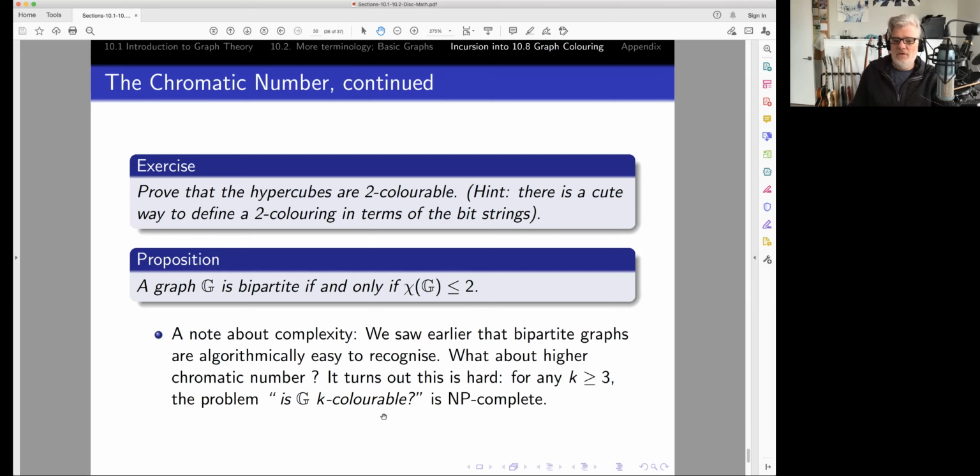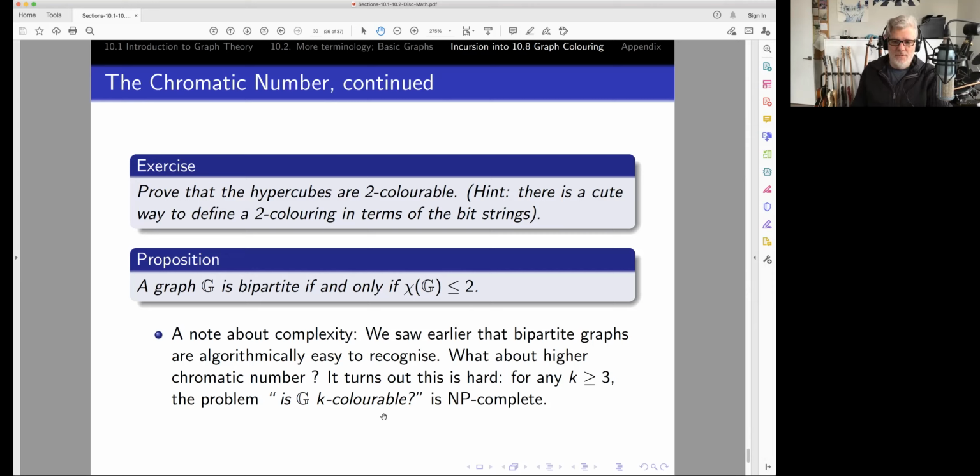But so is G 2-colorable? That's an easy problem. But is G 3-colorable? That's NP-complete. That's as hard as all those problems I was talking about during the whole semester, and I should actually take some time to go into this in a bit more detail.